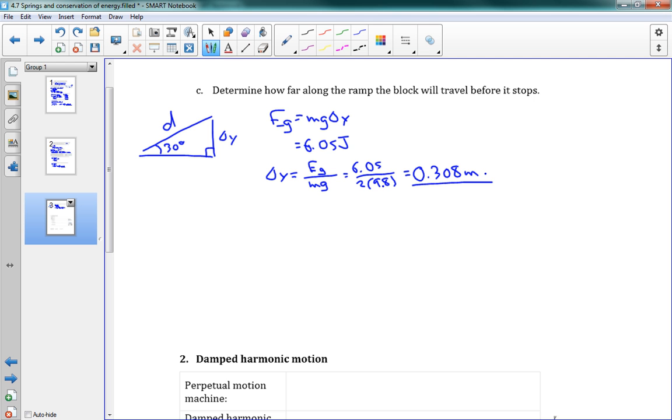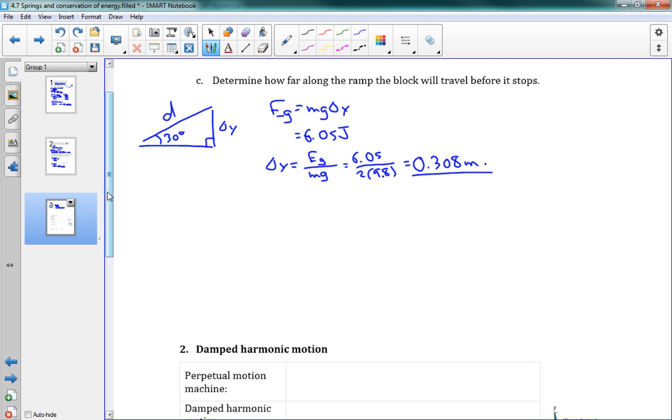Good. Now, it's just a matter of trigonometry to find d. We can say that sine 30 degrees is equal to delta y over d, the opposite over the hypotenuse. And we can rearrange that for d.